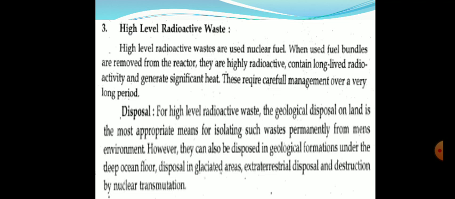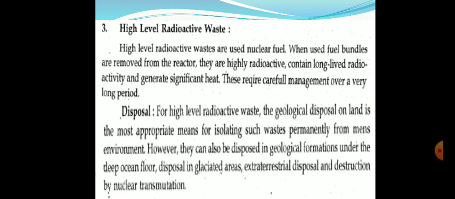High level radioactive waste. High level radioactive wastes are used nuclear fuel. When used fuel bundles are removed from the reactor, they are highly radioactive, contain long lived radioactivity, and generate significant heat. These require careful management over a very long period. Disposal.